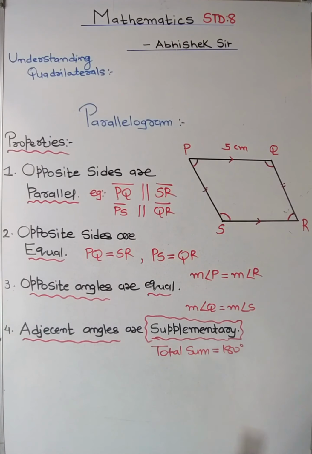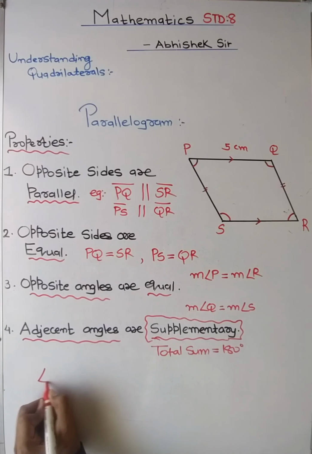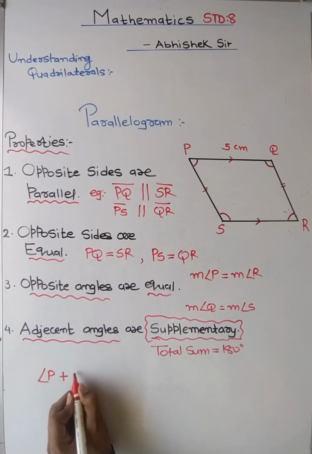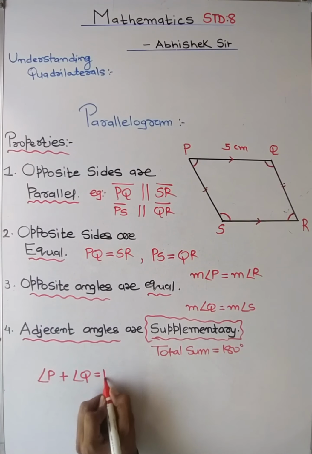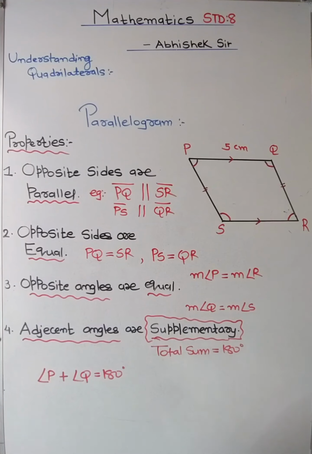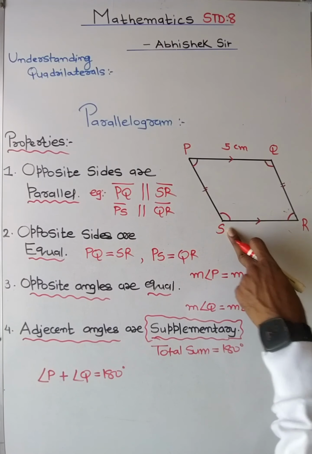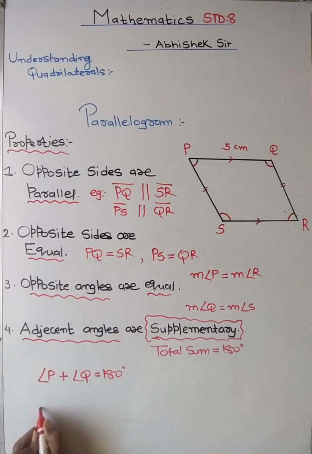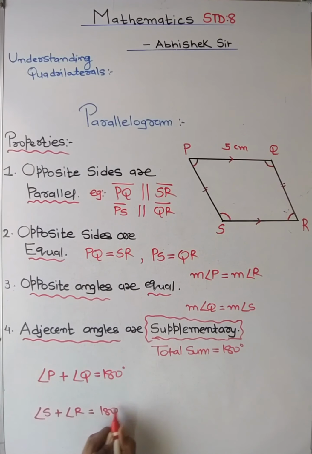So according to this property, we can write angle P plus angle Q equals 180. Likewise, we have four other pairs, right? Four pairs in total. So you can write it for any pair. Like if you want to write for S and R, you can write angle S plus angle R equals 180.